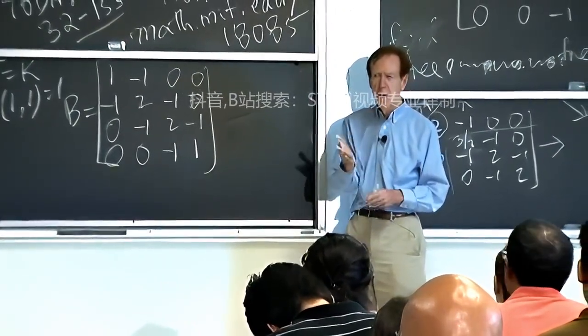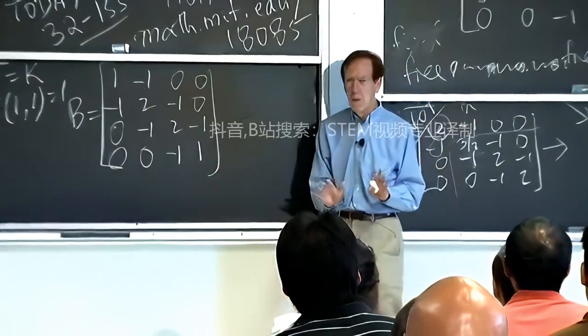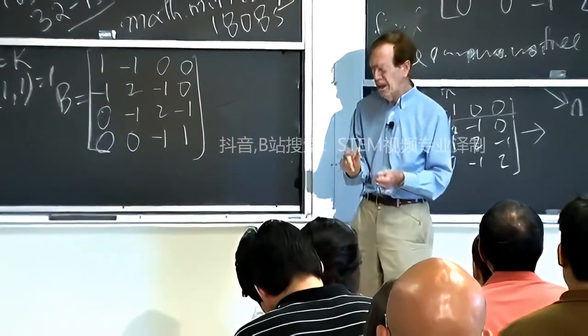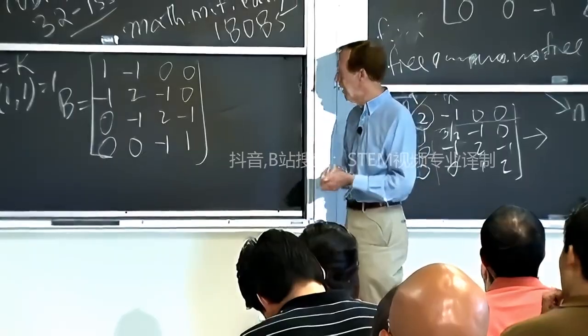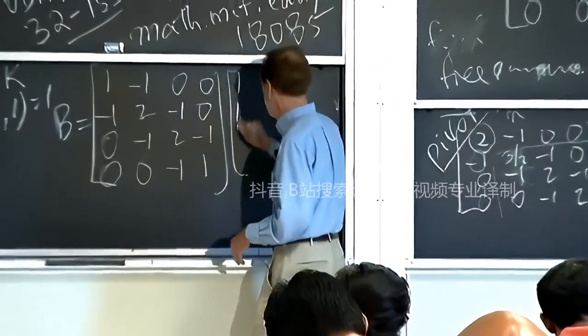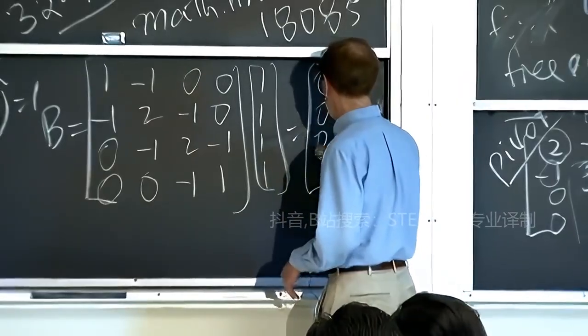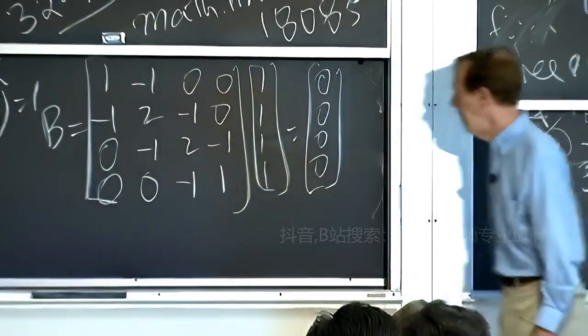What are you going to take for U? Yep. Same U. We're lucky in this course. U equals 1, 1, 1, 1 is the guilty vector many times. Because again, the rows are all adding to 0, and the all ones vector is in the null space.